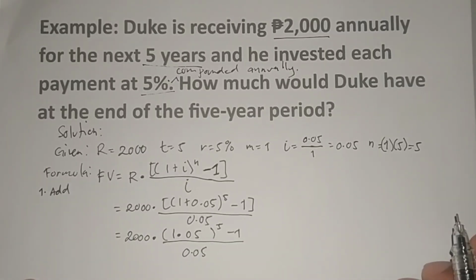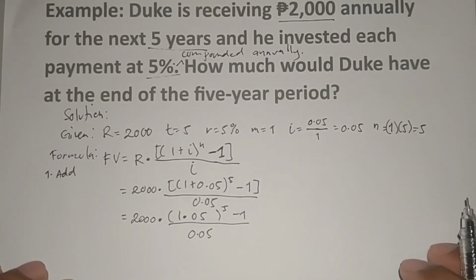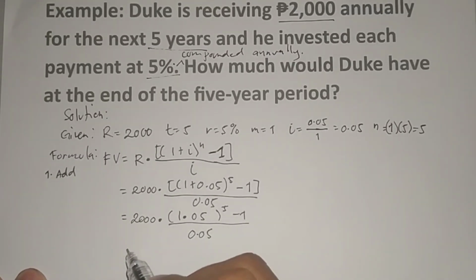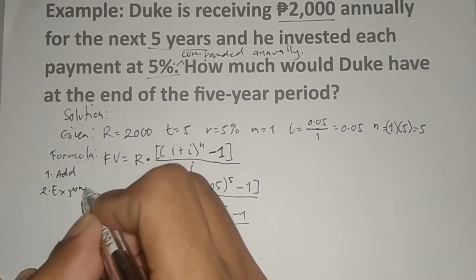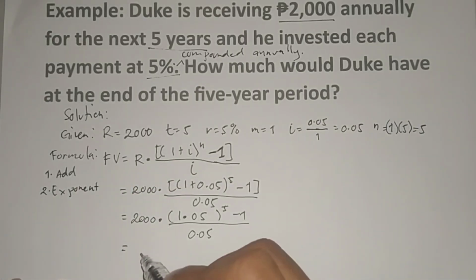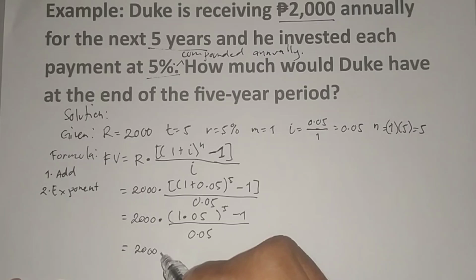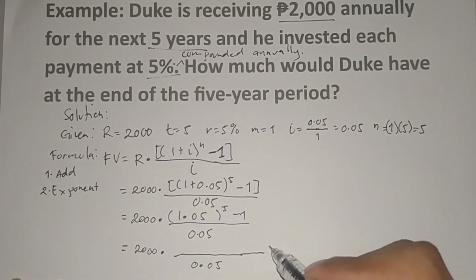Okay, so after addition we will apply the exponent. Copy first the rest. So we have 2000 times, copy the 0.05 and copy the minus 1.